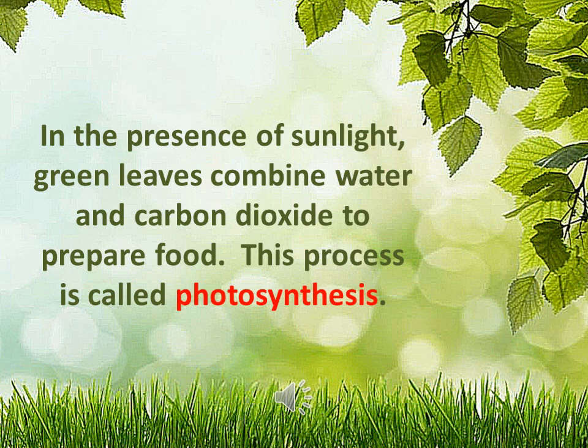Now, where do this carbon dioxide and water come from? So this carbon dioxide is absorbed from the air into the plant through small openings which are present on the lower side of the leaves. These openings are called stomata. About this we had discussed yesterday also.